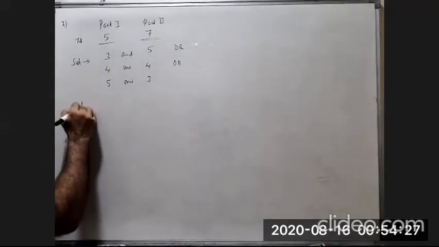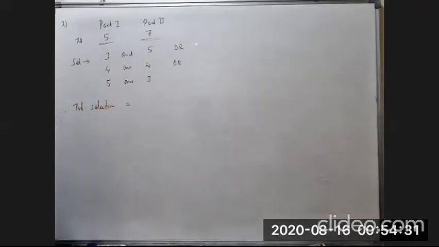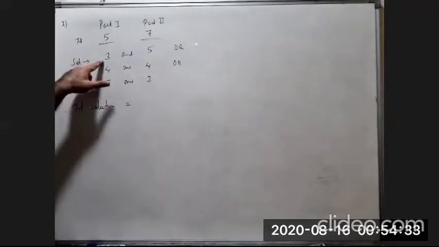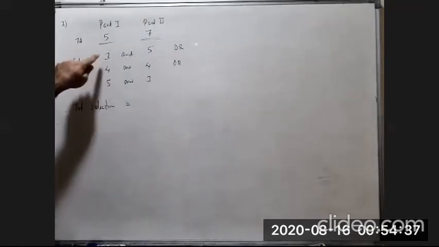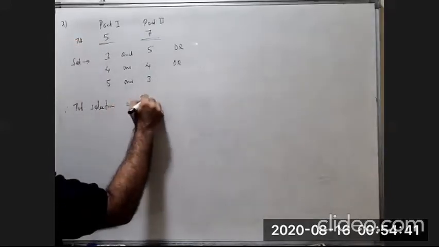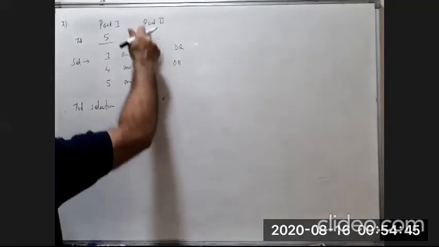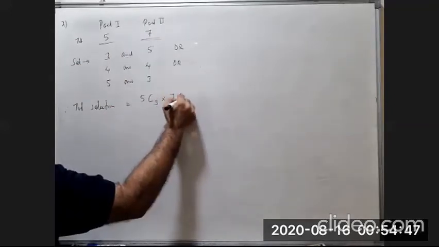Therefore, total selection. 3 questions from how many? From 5. So from 5, these 3 can be selected in 5C3 ways, and into from 7, 5 can be selected in 7C5.